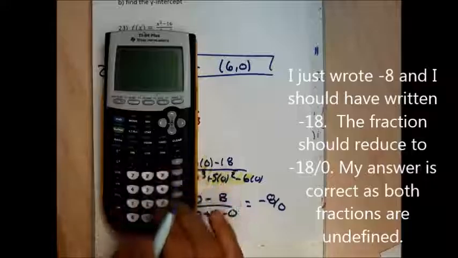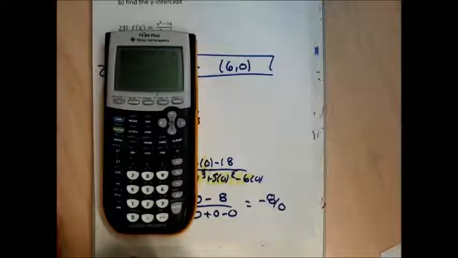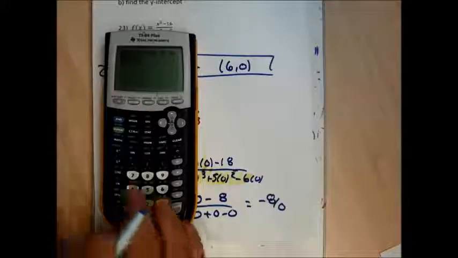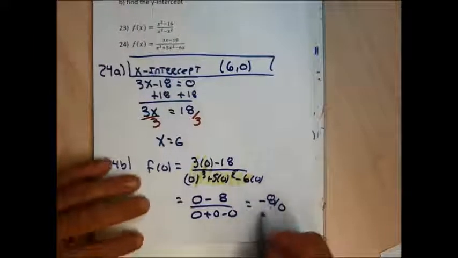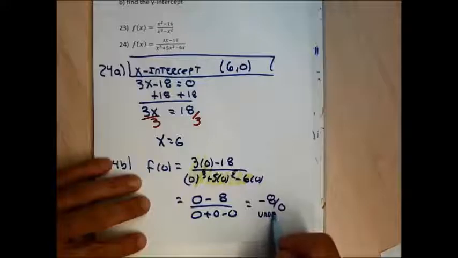Minus 18 over 0, if I do it on my calculator, I get some divide by 0 message. Dividing by 0 is undefined. Because this right here is undefined, there's going to be no y-intercept. The graph is not going to cross the y-axis.